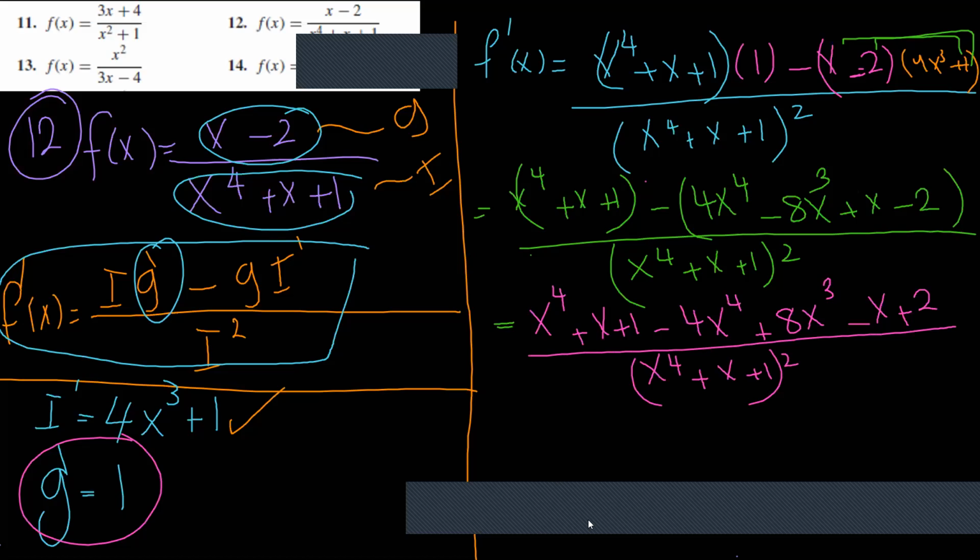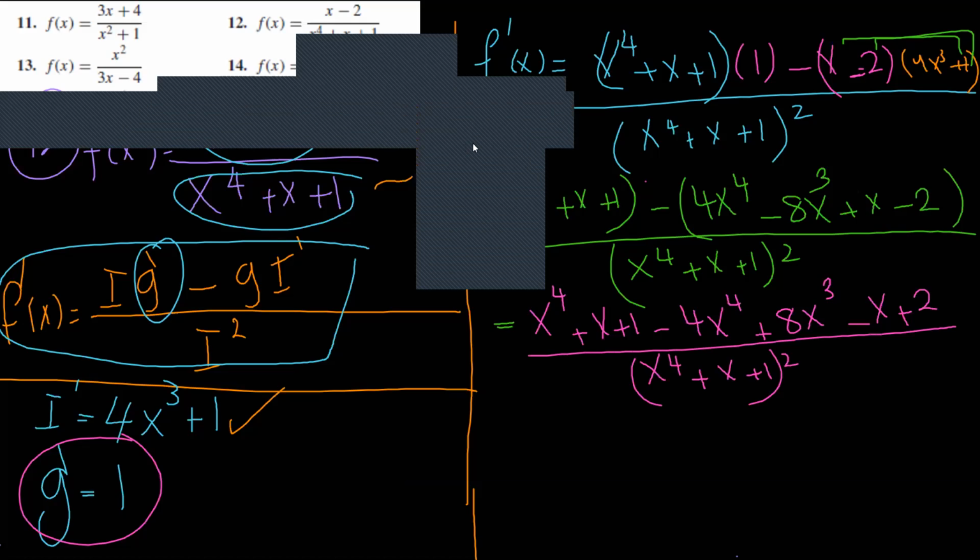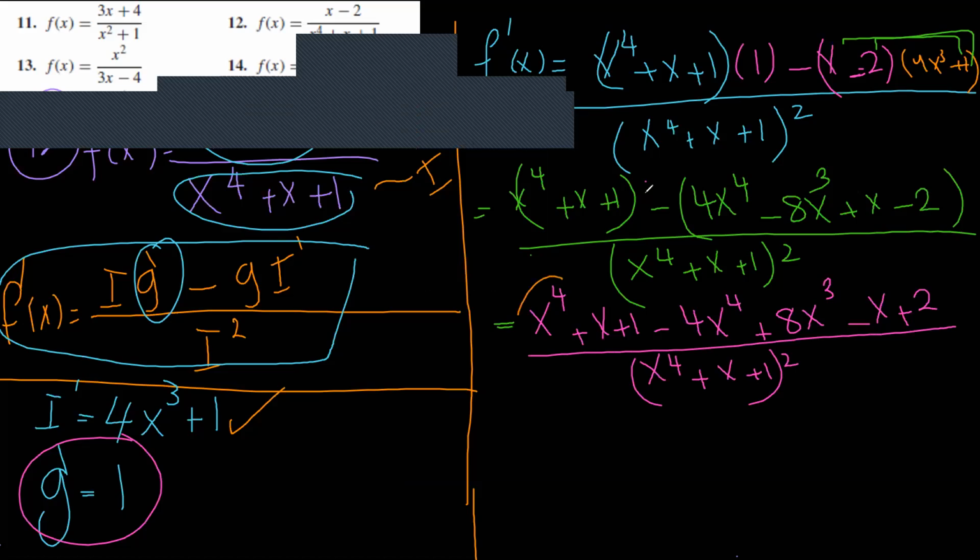Now let's simplify them now. x to the power 4 minus 4x to the power 4 is negative 3x raised to the power 4. And then 8x cubic, keep it as 8x cubic. Plus x minus x cancel each other.